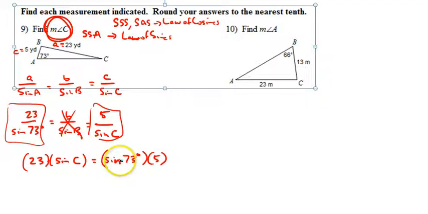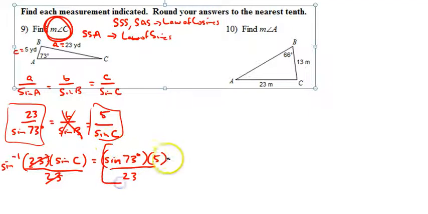Now I want to get sine of C all by itself, so I have to divide both sides by 23. But now I want just angle C. So think about this. I have to take the arc sine of both sides. Arc sine will wipe out this sine.